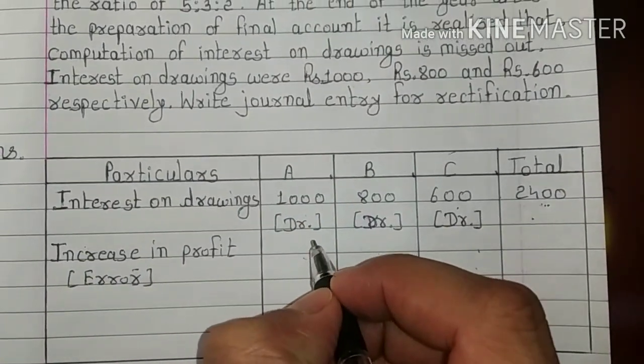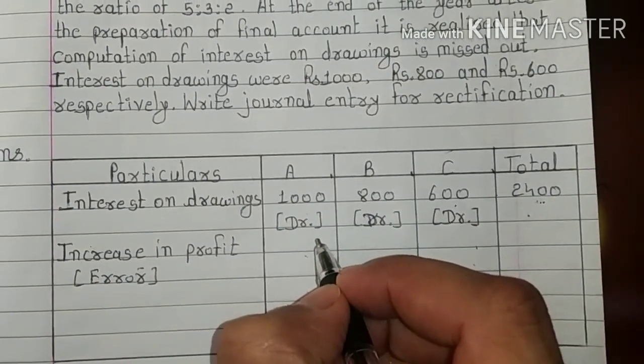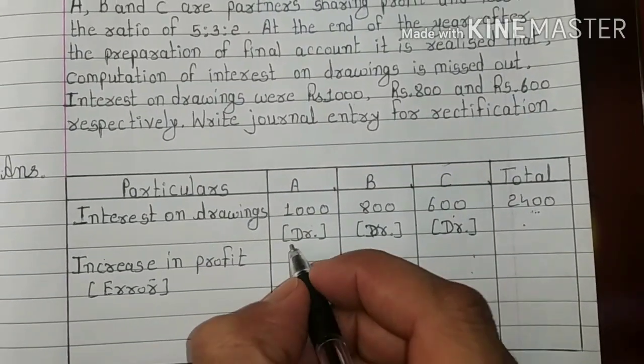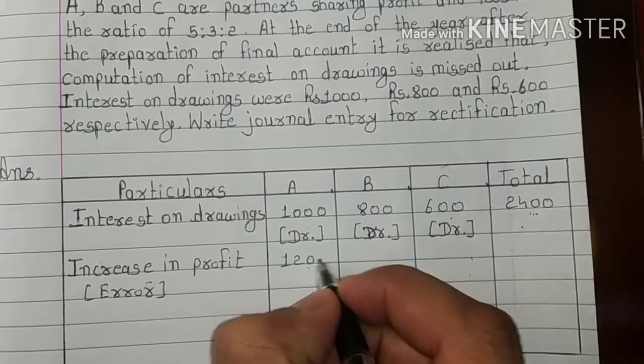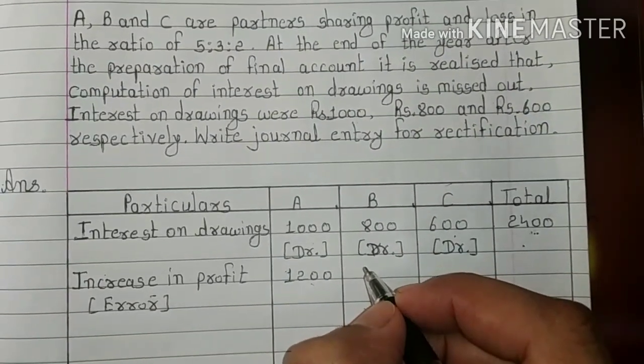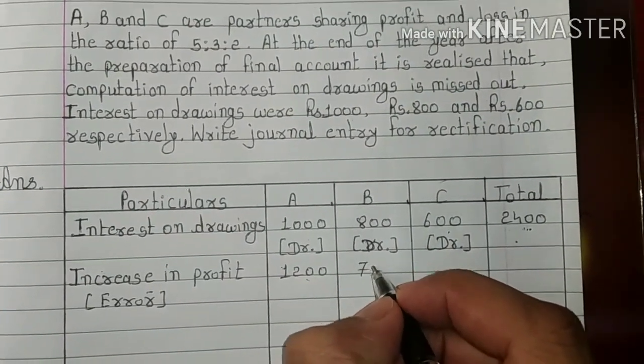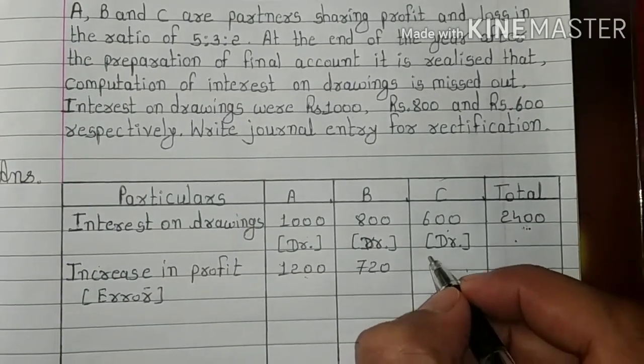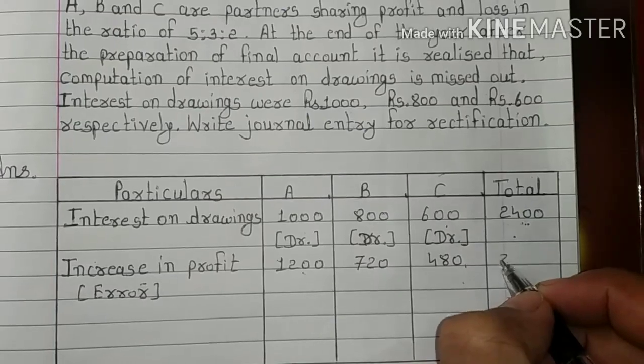So according to profit sharing ratio, partner A will get 1200, partner B will get 720 and partner C will get 480.